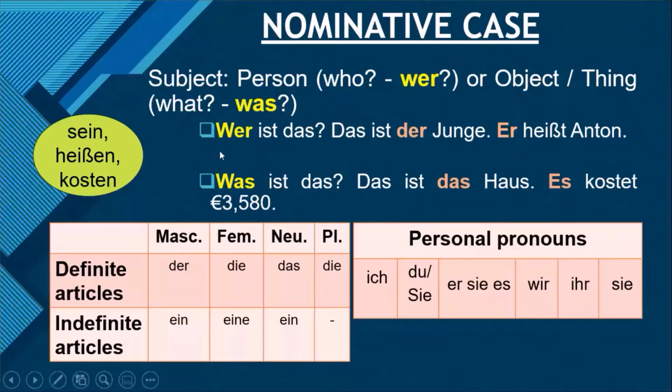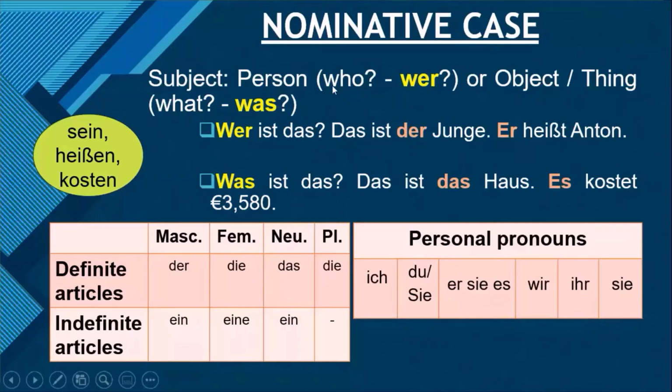So if we take the example of the subject being a person, then the question that is important to note in this nominative case is who. So who in the nominative case is wer in German.